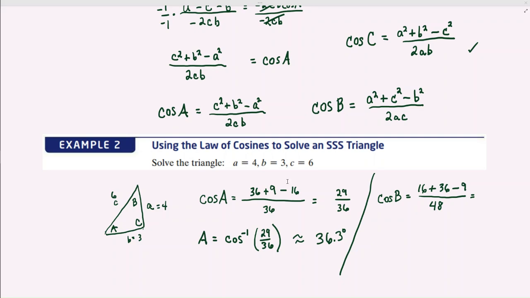Okay, and so totaling these, we get 43 over 48.